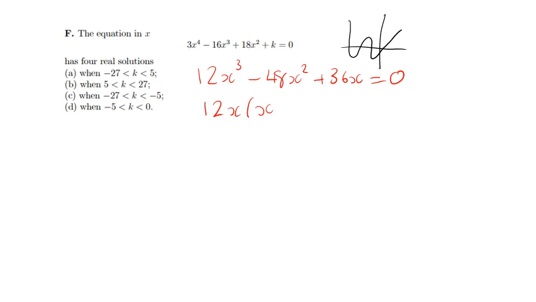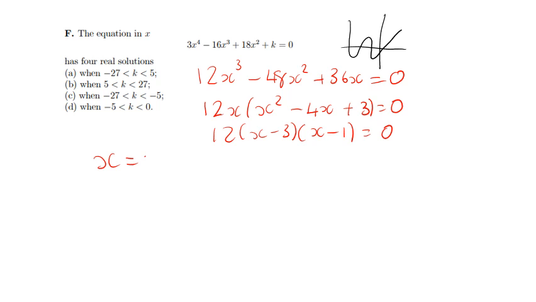We're then left with x squared minus 4x plus 3 equals 0, which then gives us 12x, x minus 3, x minus 1 equals 0. And we've got our three solutions then. Sorry, I've missed a little x out here. x equals 0, x equals 3, x equals 1.